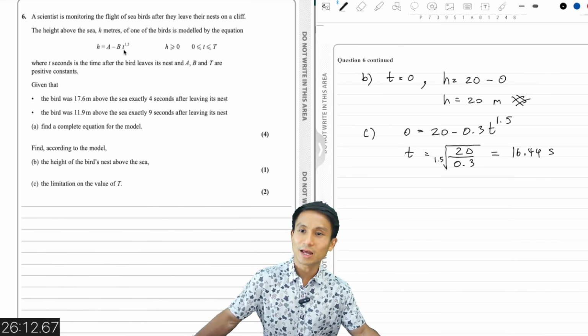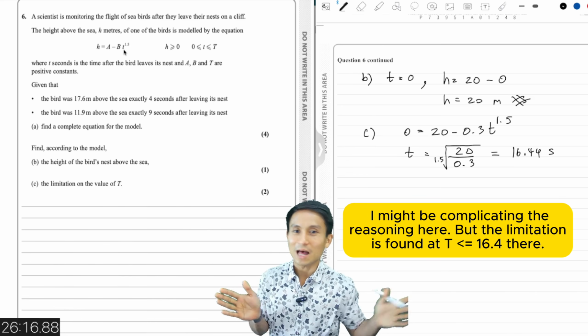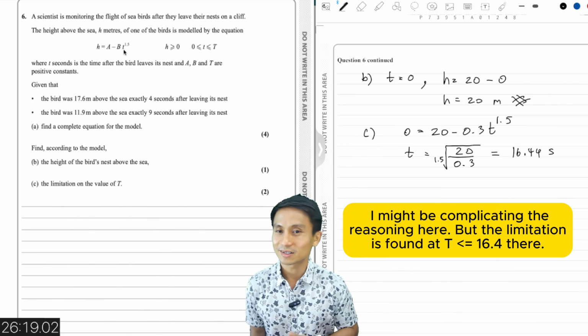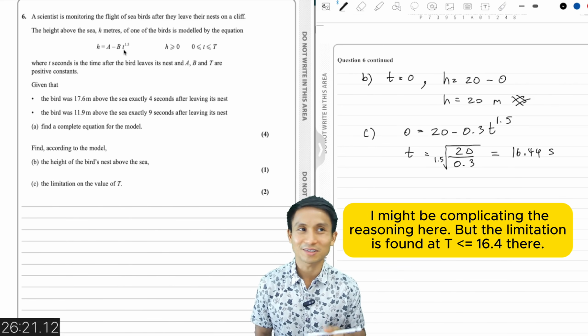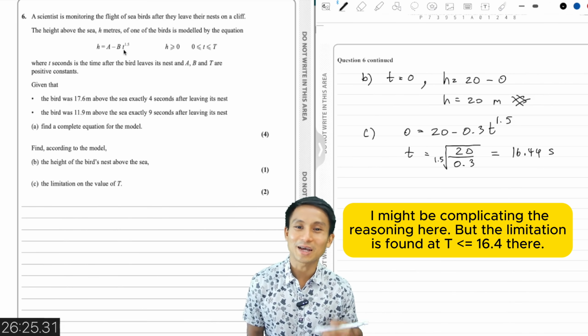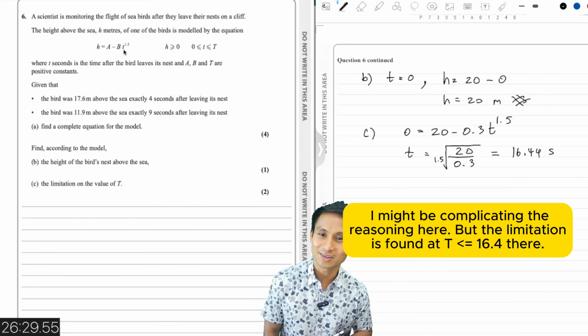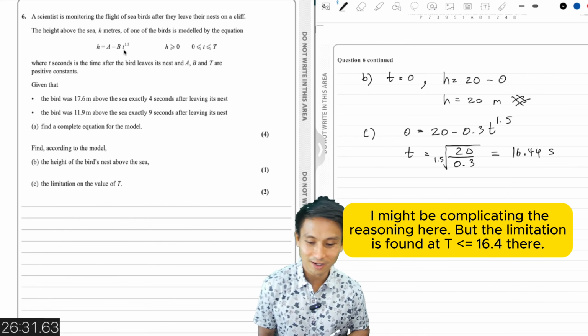That's telling you that this whole model can only model up to about 16 seconds. You take longer to go to a toilet, right? 16 seconds, just like a couple of breaths actually.